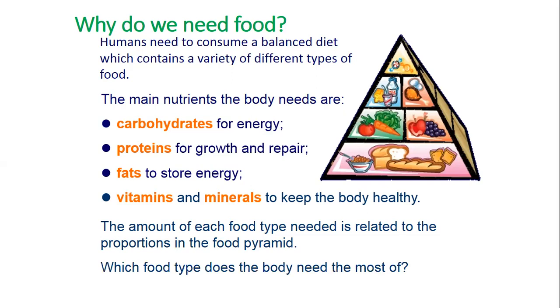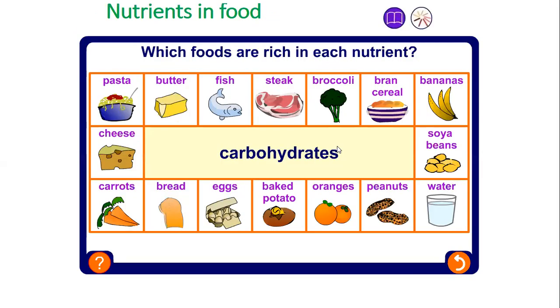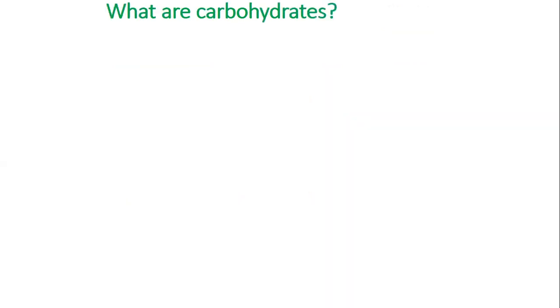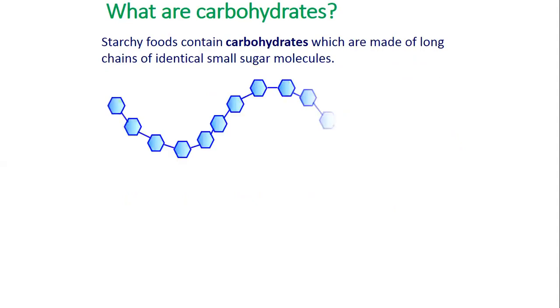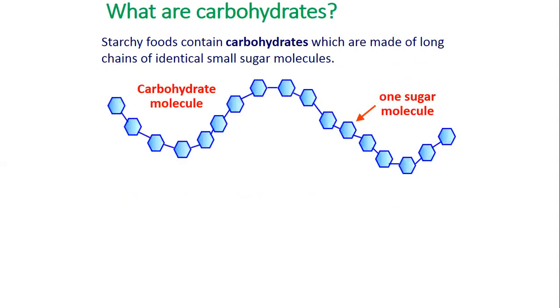Which food type does the body need most of? Nutrients in food: the carbohydrates. We find them in many food types. What are carbohydrates? Starchy food contains carbohydrates, which are made of long chains of identical small sugar molecules.